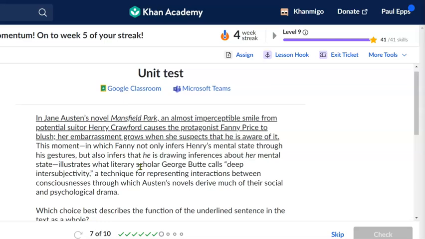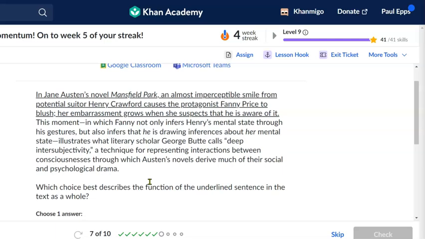This moment, in which Fanny not only infers Henry's mental state through his gestures, but also infers that he is drawing inferences about her mental state, illustrates what scholar George Butte calls deep intersubjectivity, a technique for representing interactions between consciousnesses through which Austen's novels derive much of their social and psychological drama. What choice best describes the function of the underlined sentence?